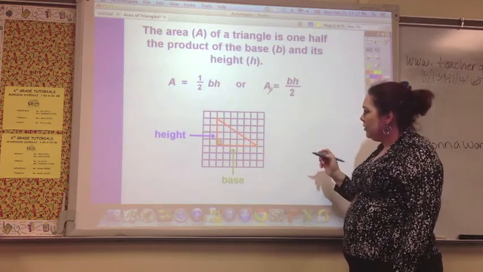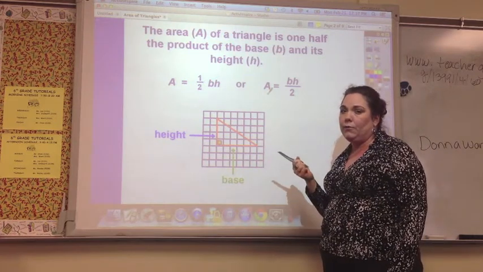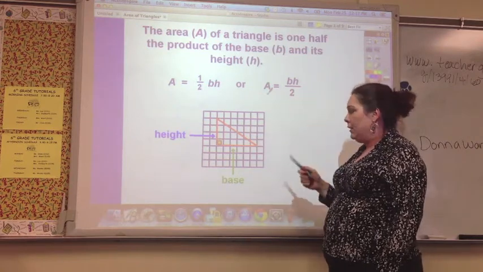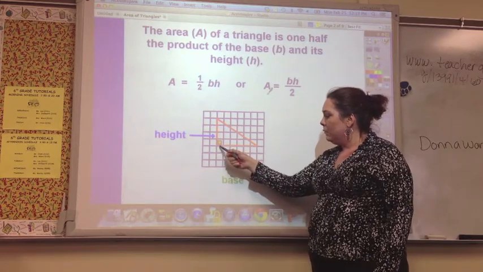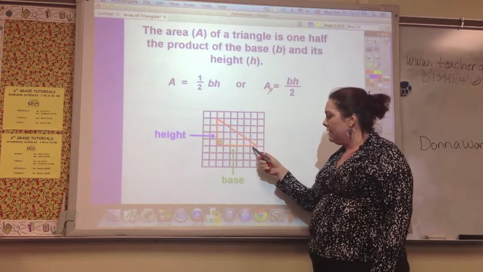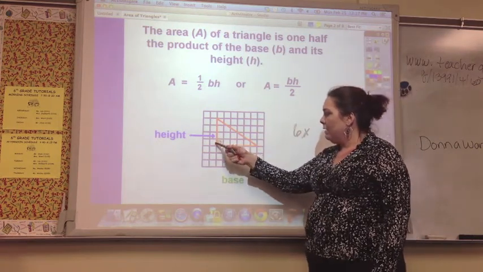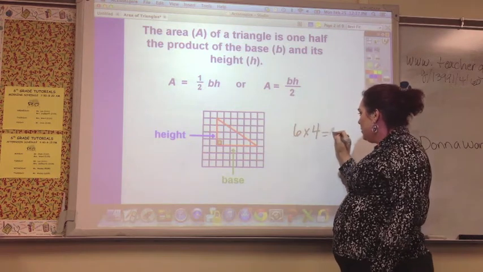There's going to be another video that's going to show you the proof behind why this is divided by 2. But in this picture, you would consider the base 1, 2, 3, 4, 5, 6 units, and the height 1, 2, 3, 4 units. And that equals 24.